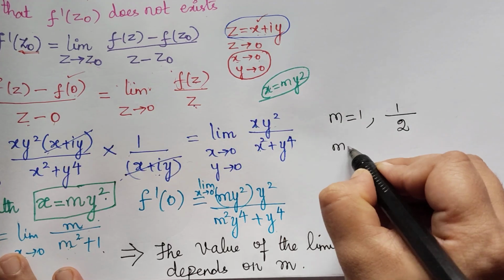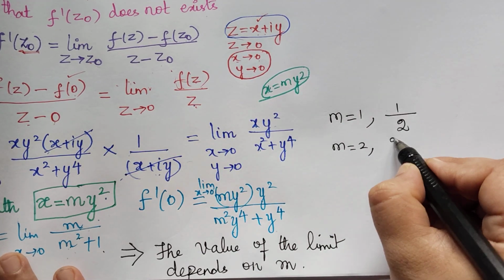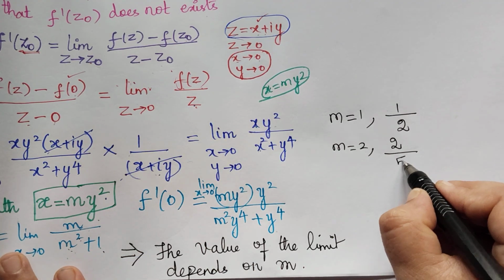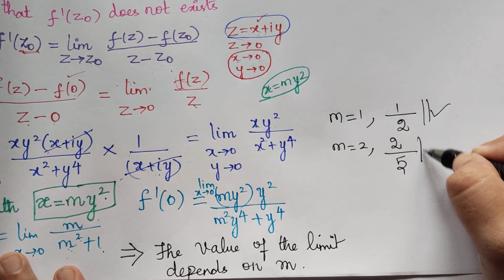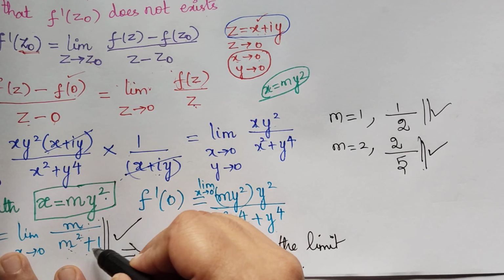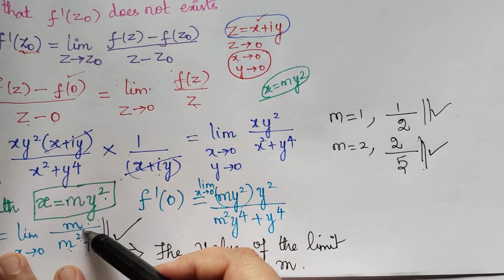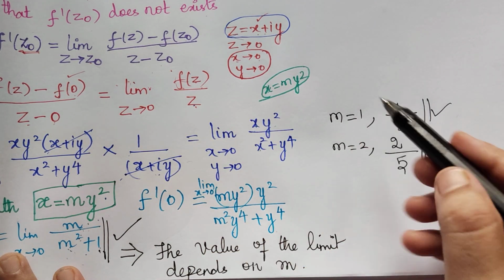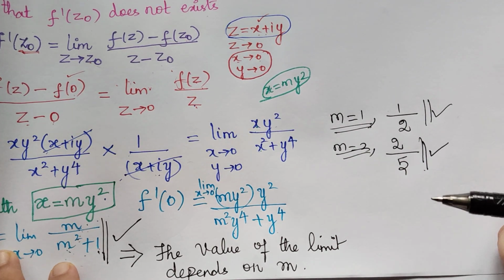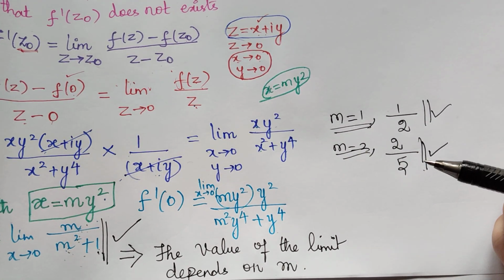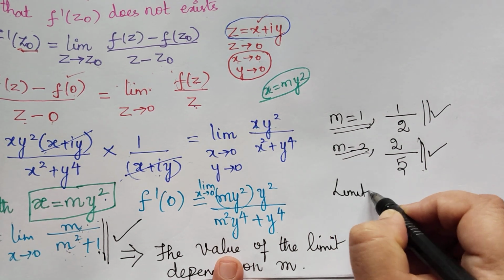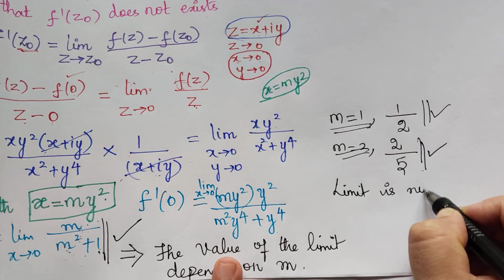If m is equal to 2, it will be 2 divided by 2 square is 4, 4 plus 1 is 5, so 2 by 5. So see, the value of the limit keeps on changing, since we have m by m square plus 1 over here. The value keeps on changing as m is changing. So as the value of m changes, and since the limit keeps on changing, we identify that the limit is not unique.